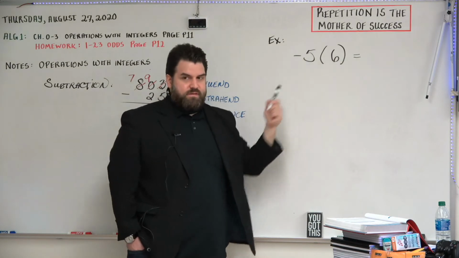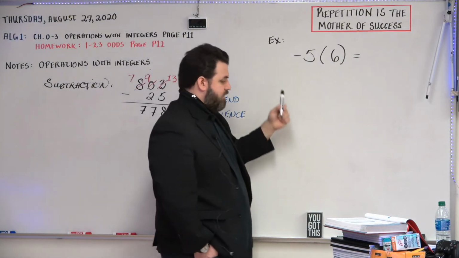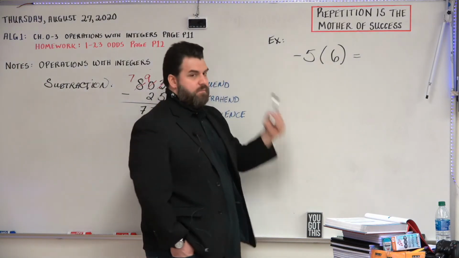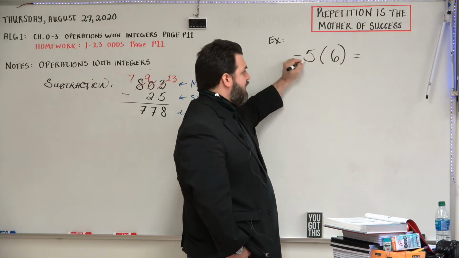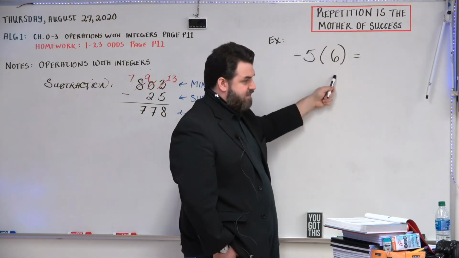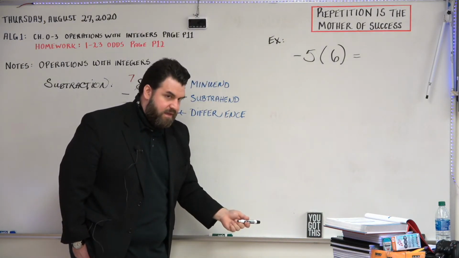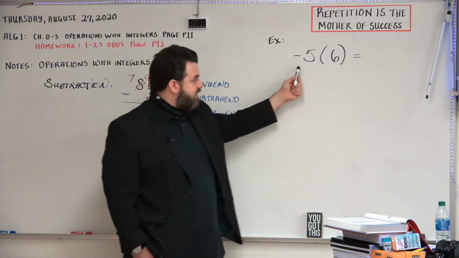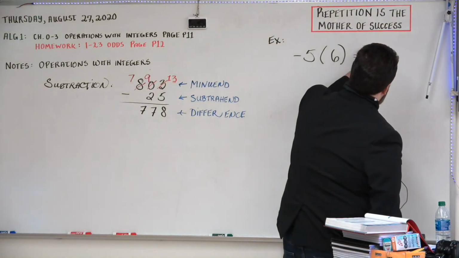What does the parentheses mean? Multiply. The parentheses means multiply. So we have -5 times 6. When you multiply a negative times a positive, the answer is going to be negative. So what is -5 times 6? -30.